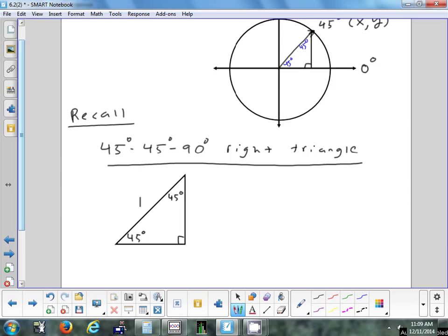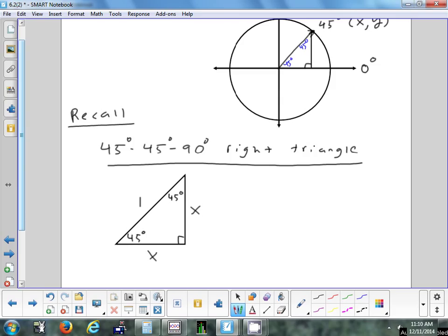Because it's isosceles. So let's call the bottom side x, because I don't know it. How would I represent the height? The bottom side is x, then the height would be x. They have to be the same. It's isosceles.